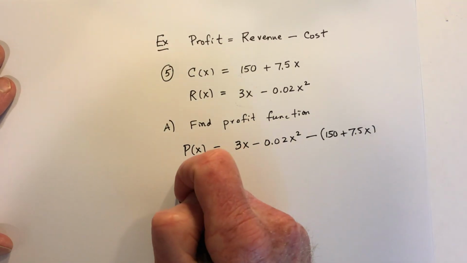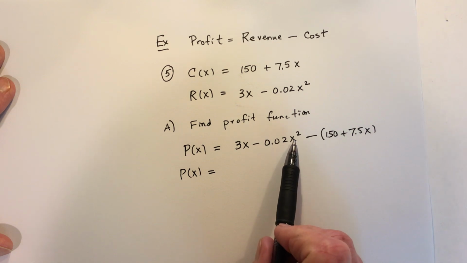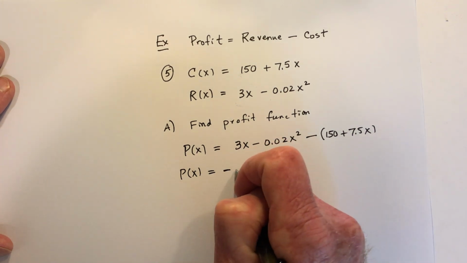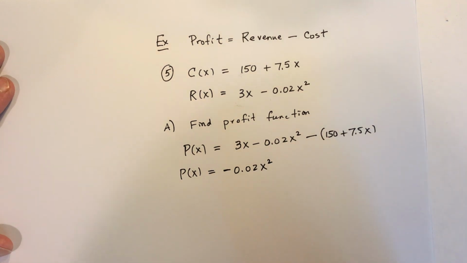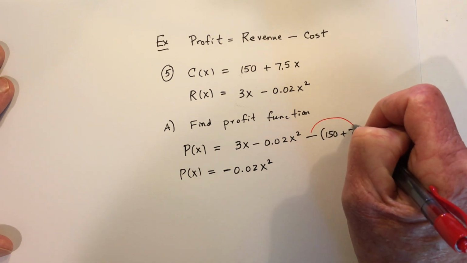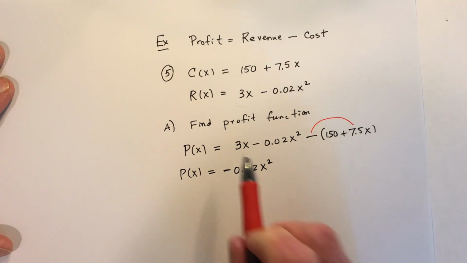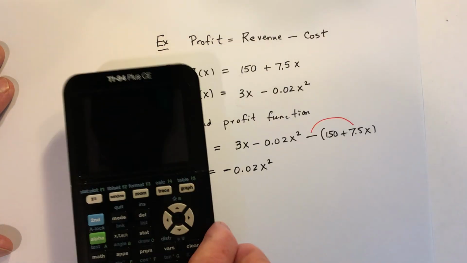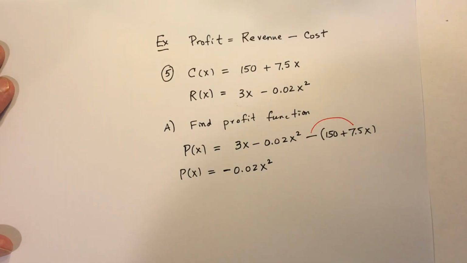And then I should simplify this. And I'm going to put it in order. The squared will go first. So negative 0.02 x squared goes first. And when I distribute this negative over here, that's going to be negative 7.5x, and there's another positive 3x right here. So if you have a negative 7.5x plus a positive 3x, that leaves a negative 4.5x.